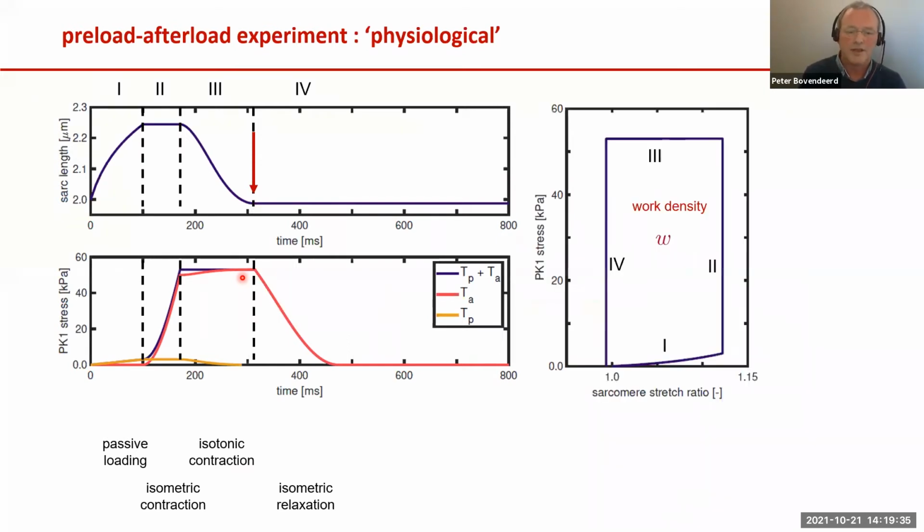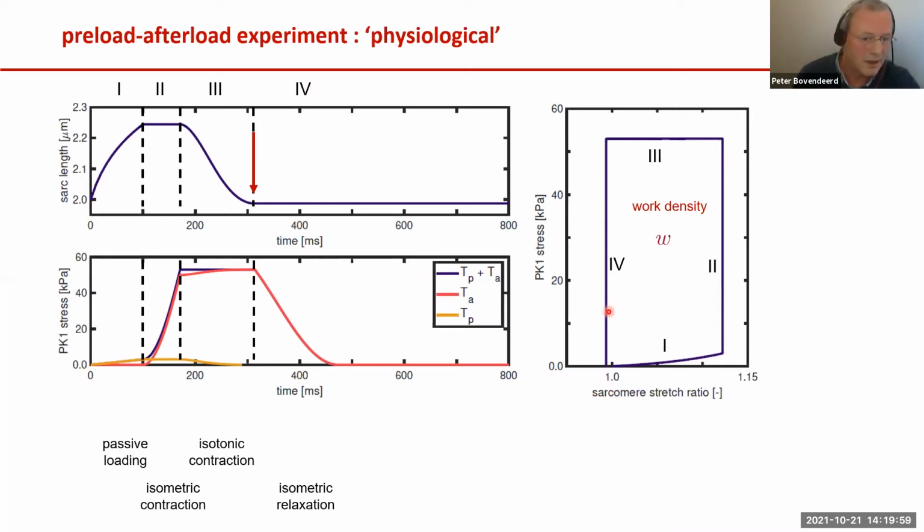What's interesting now is that we can plot the stress in the muscle versus the length of the muscle, or the stretch ratio, so the length divided by the length at the beginning. And then you get this type of loop. So the filling, isometric contraction, isotonic contraction, and isometric relaxation.